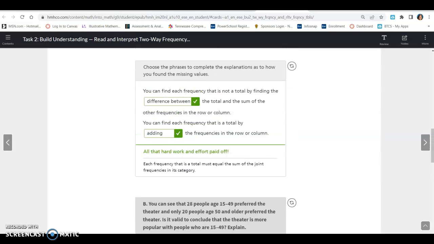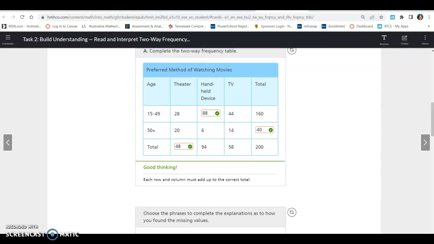So let's look at the table. All right, so it says that ages 15 to 49, they've surveyed a total of 160 people. Ages 50 plus, they only surveyed 40. So those numbers are very different. So the fact that 28 is greater than 20 is not really relative because these don't have the same total.